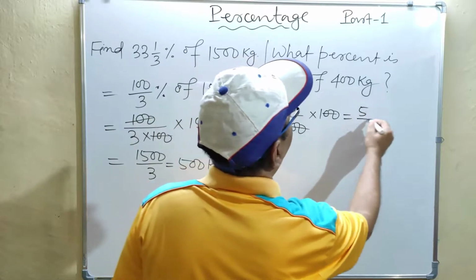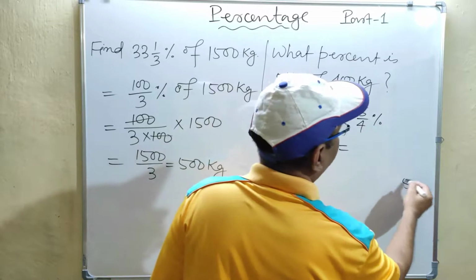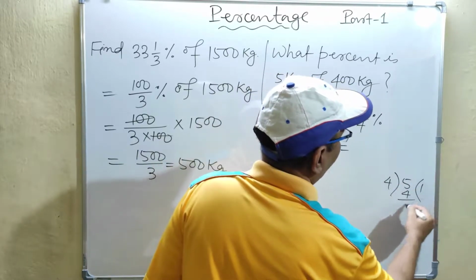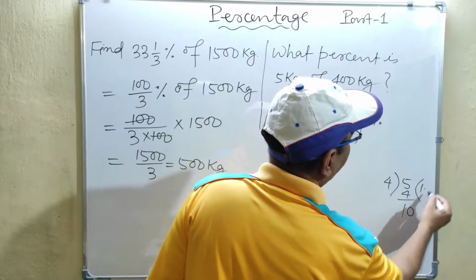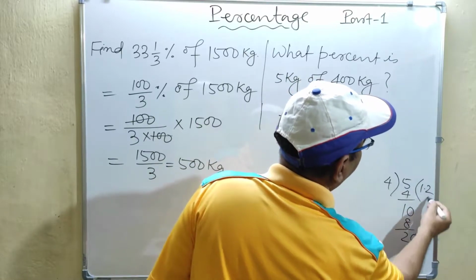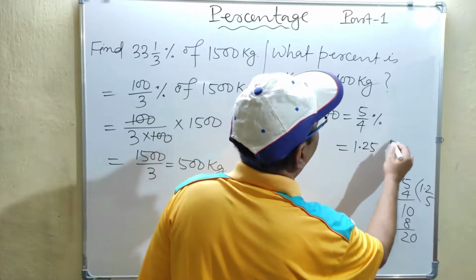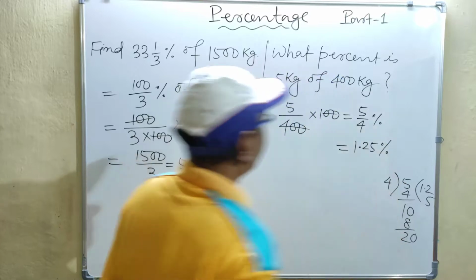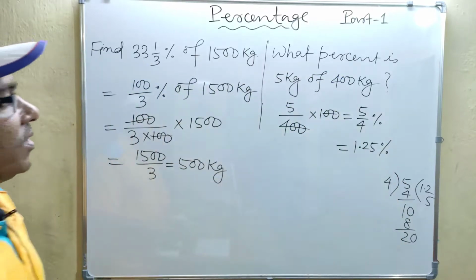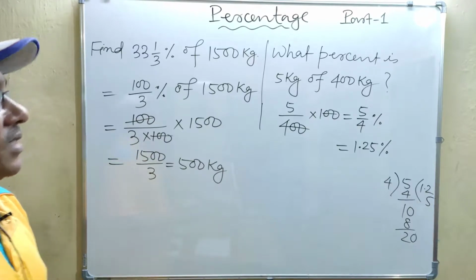It will be 5 by 4%. 5 by 4% means divide 5 by 4. So it will come 1.25%. 5 kg of 400 kg is 1.25%.